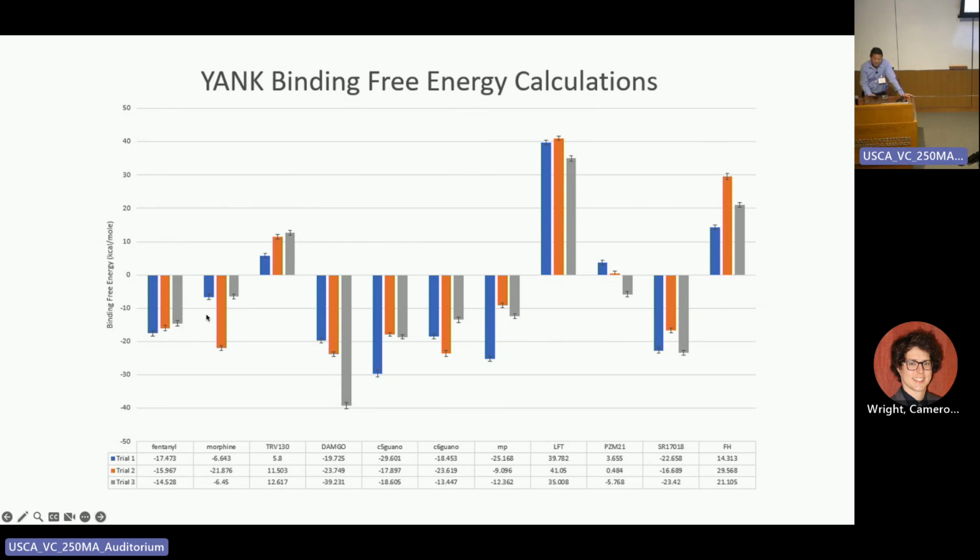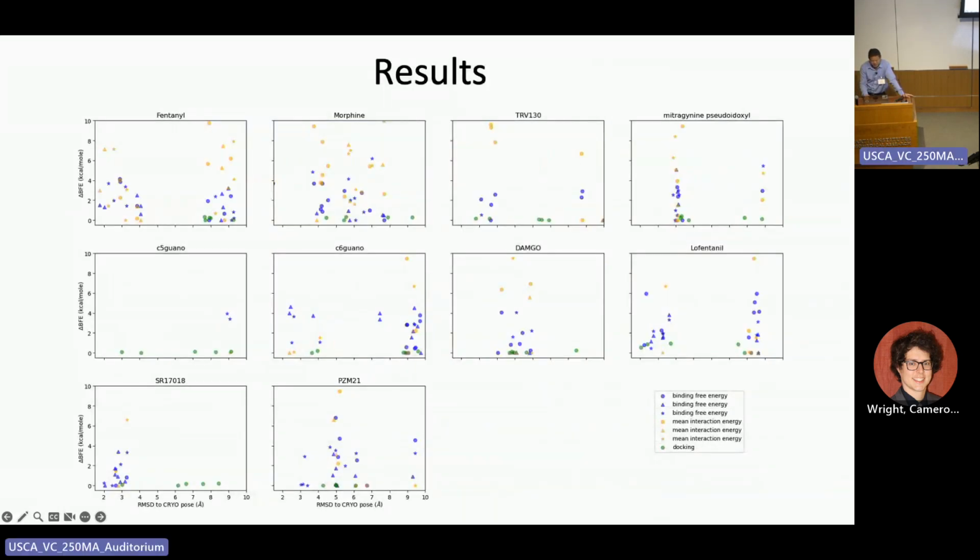But for some systems we get pretty consistent results across triplicates. Sometimes we get a big difference, sometimes we get positive free energies. So this is not working as nicely as the rigid receptor work, so things could be happening with the protein. This is maybe hard to see, but with docking, there's a bunch of poses that have almost the same free energy.